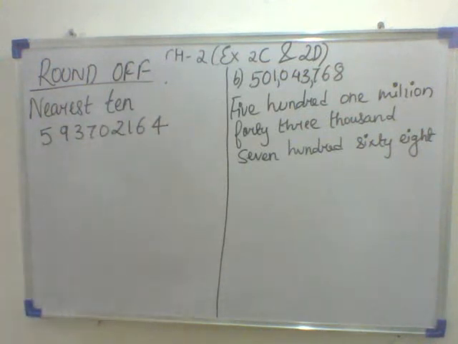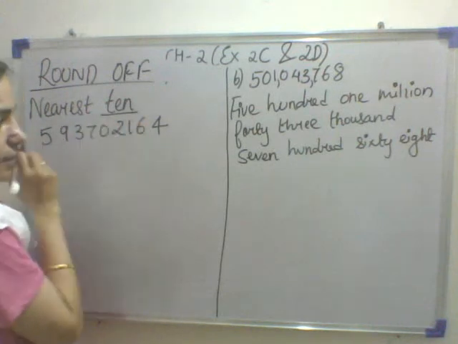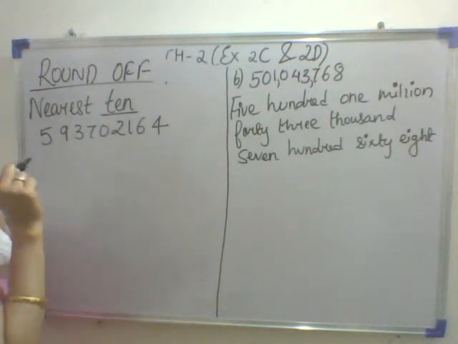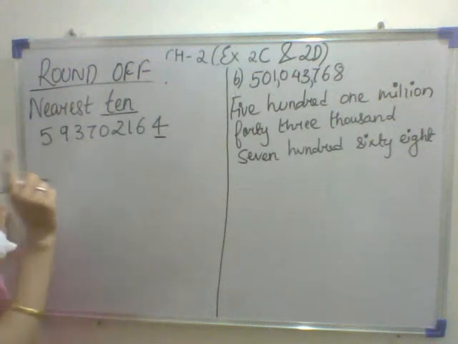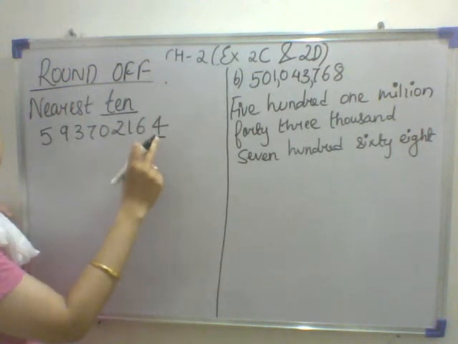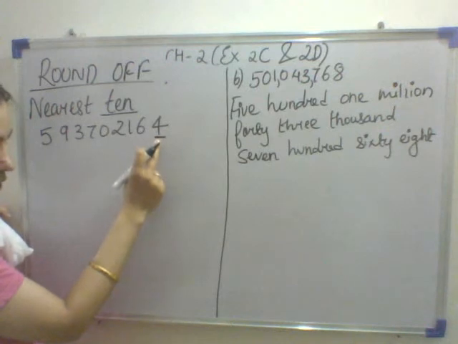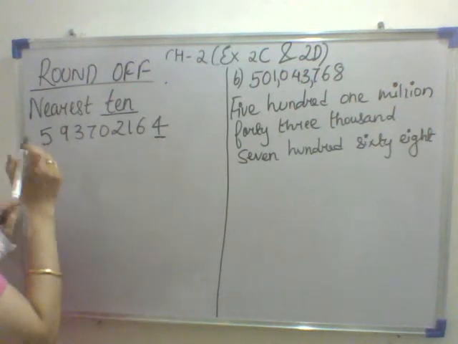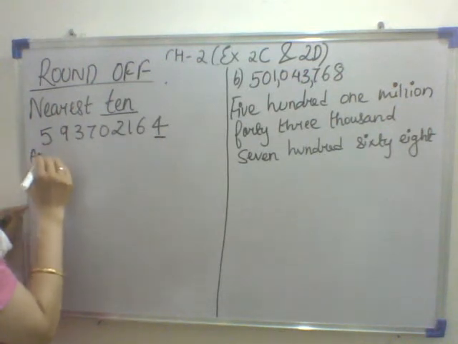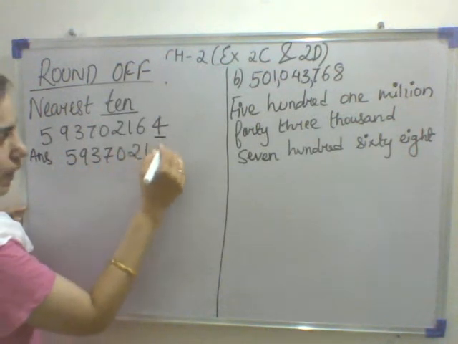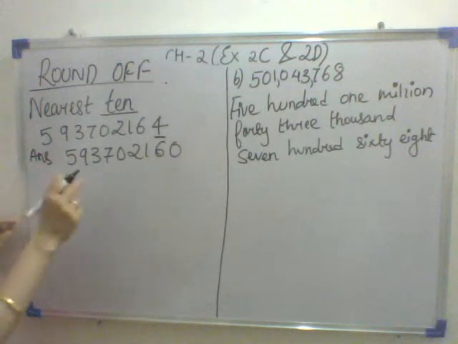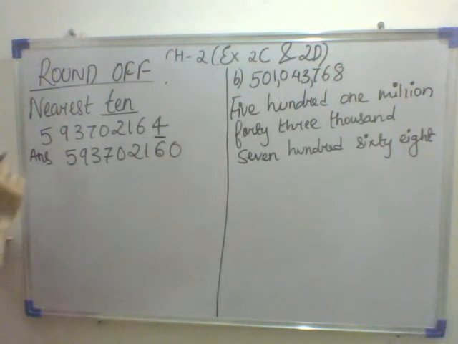Here nearest 10 is given, so you will look at the digit at the ones place. At the ones place 4 is there. If the digit at the ones place is 4 or less than 4, it will become 0. So your answer will be 593702160.